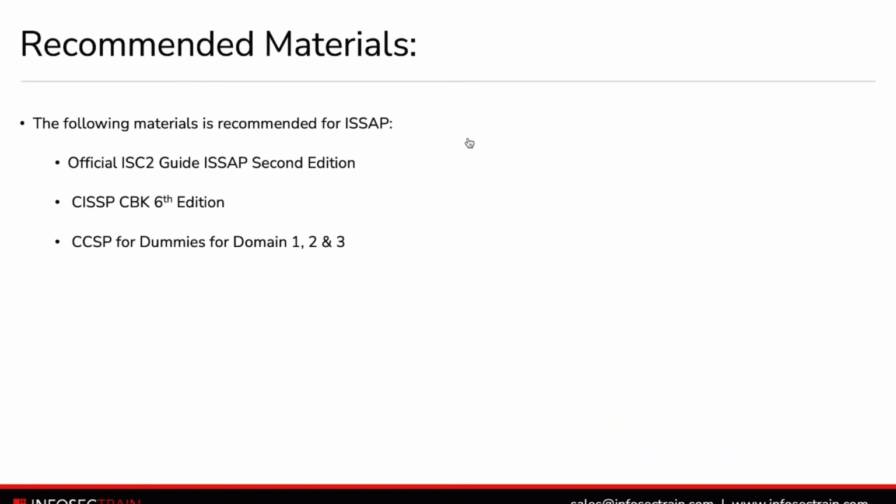So first refer to the CISSP CBK 6th edition, all the 8 domains. Then cover the CCSP for Dummies for domains 1, 2 and 3, and then finally refer to the official ISC Square Guide ISSAP 2nd edition. As of now, the ISC Square 2nd edition for ISSAP is still relevant. There is no other book available in the market.